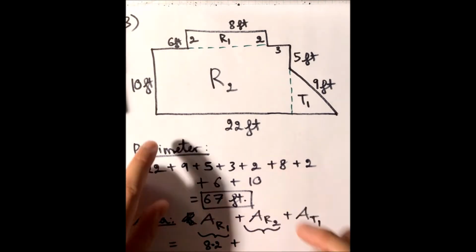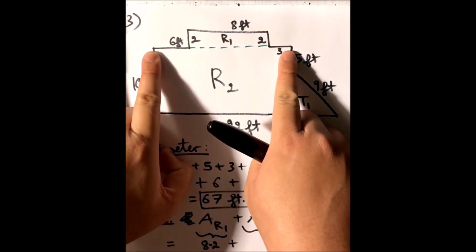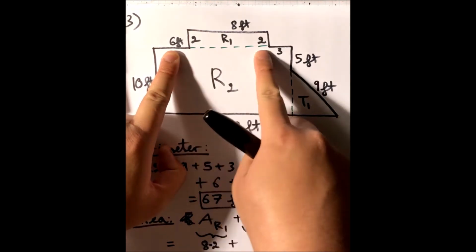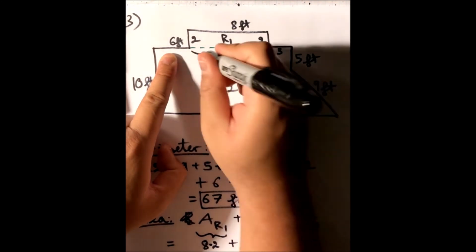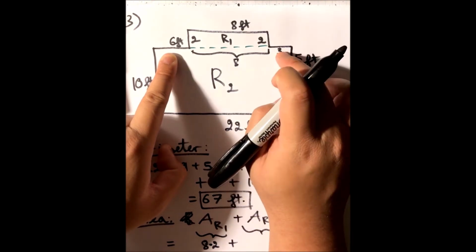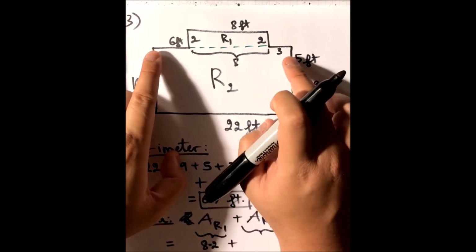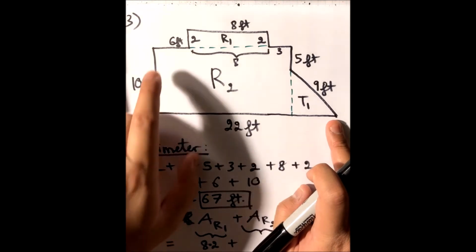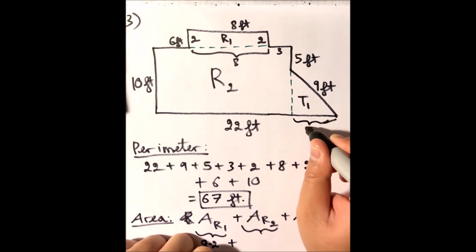If this entire side is 22, then parallel to this, we have 6 plus 8, because this is 8, this has to be 8. 6 plus 8 is going to be 14. 14 plus 3 is going to be 17. If this whole thing is 22, and this is 17, the leftover here is going to have to be 22 minus 17, which is just 5 feet.